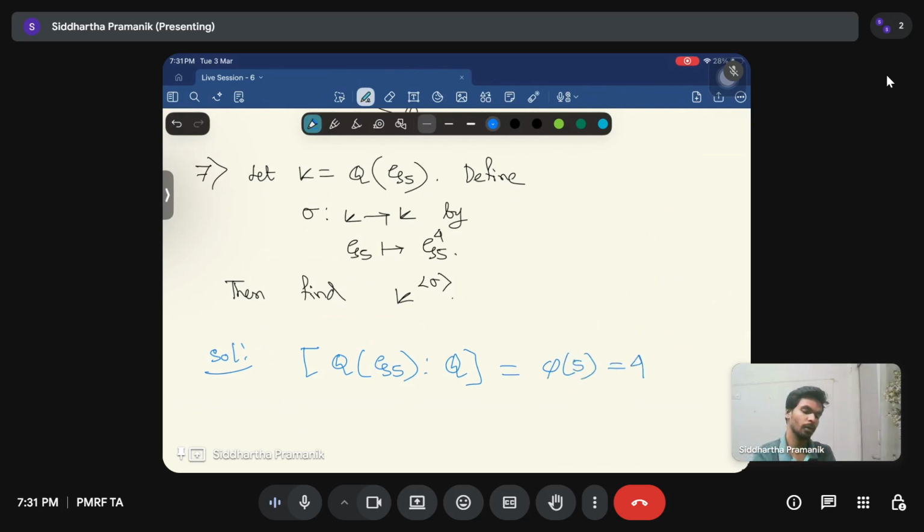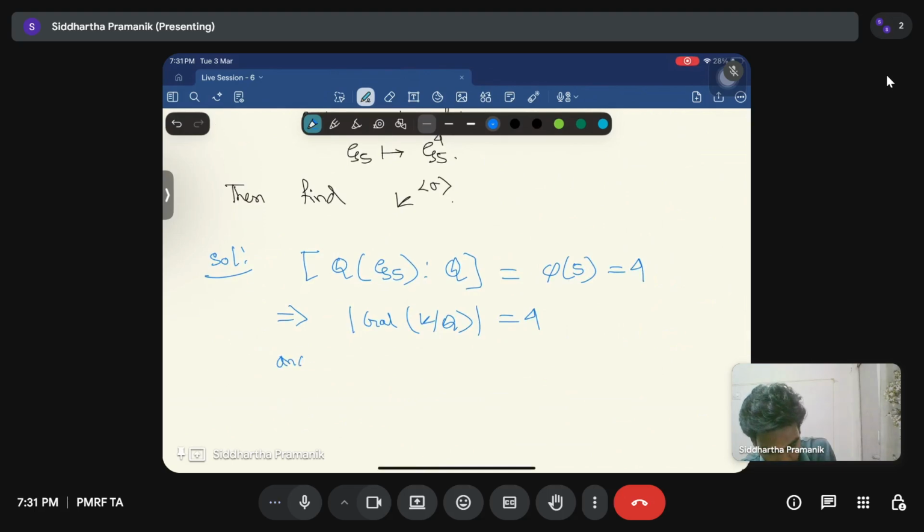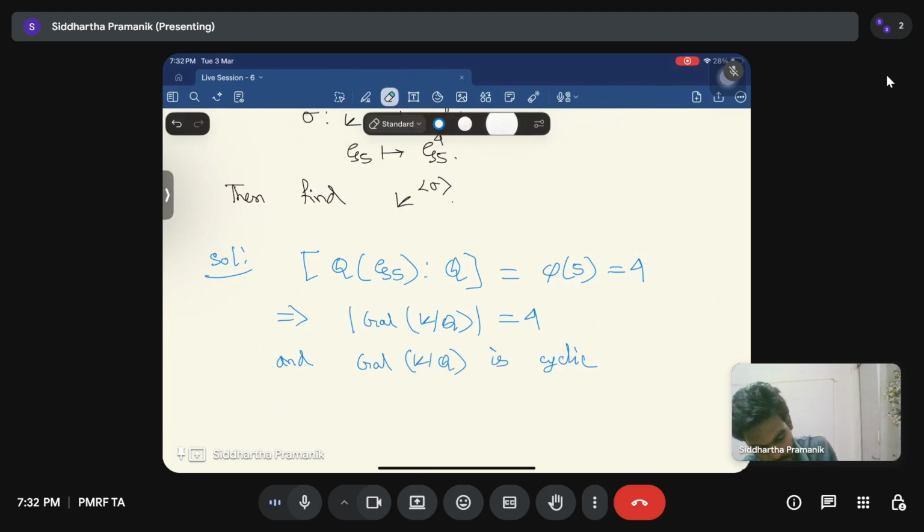So there are only 4 positive integers which are coprime to 5. So the cardinality of the Galois group of K over Q is 4, and it's a cyclic group. Also, we don't need this. Okay, let's remove this.